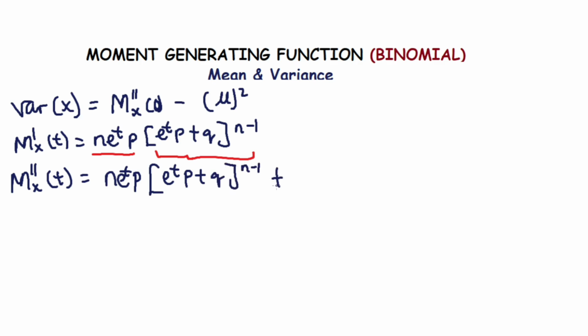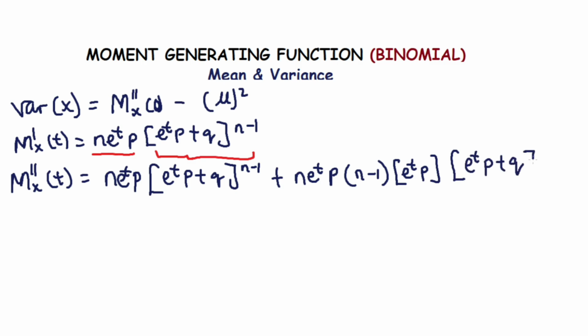Then plus, rewrite the first one, then differentiate the second. If I differentiate the second, n minus 1 comes down, differentiate the inner part, which is e^t p, then I'll remove 1 from the power, which gives (e^t p plus q)^(n minus 2). Now this is the second derivative.